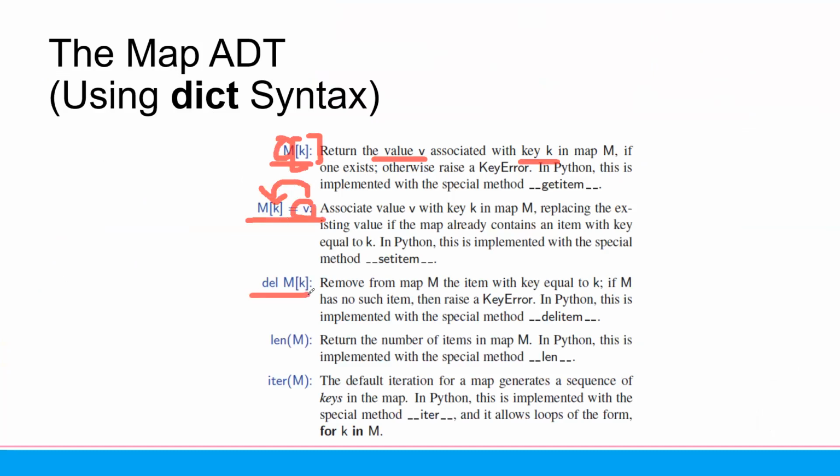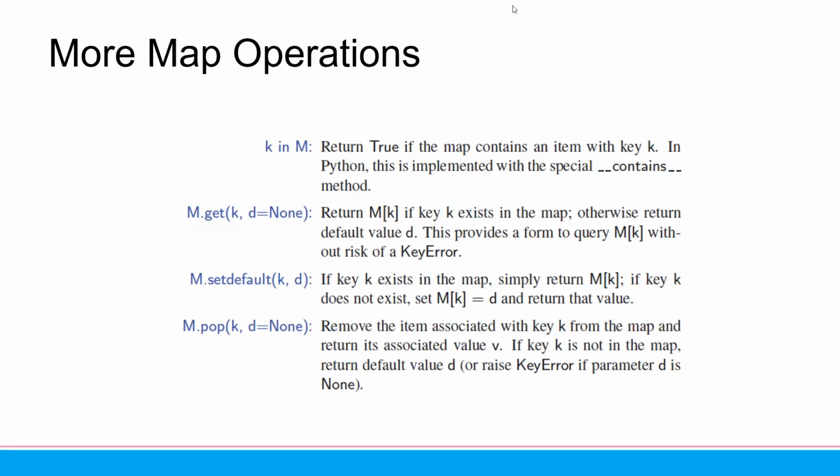If I want to delete k, I can just say del m[k]. If I want to know how big the items in m are, I can use len. And iteration means I want to check every element in the map. I can also check whether the key k is in the map or not, so it will return true.